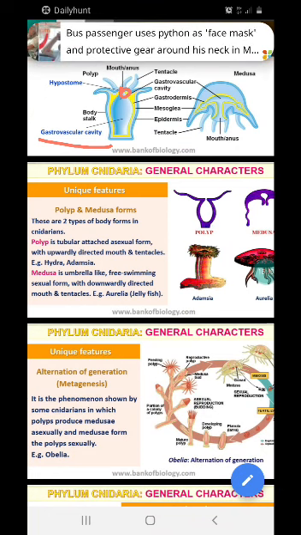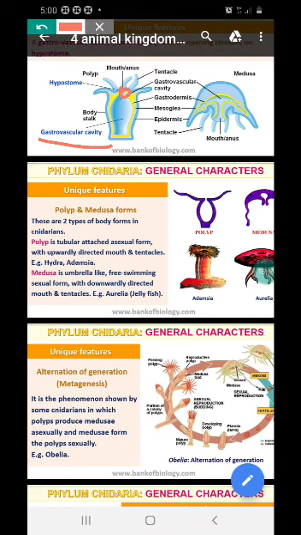Okay, these are the two stages, children. The umbrella-like form and the cylinder-like form. Some exist in only one form, either of them, or some exhibit both forms. They alternate with each other, I told you, right?